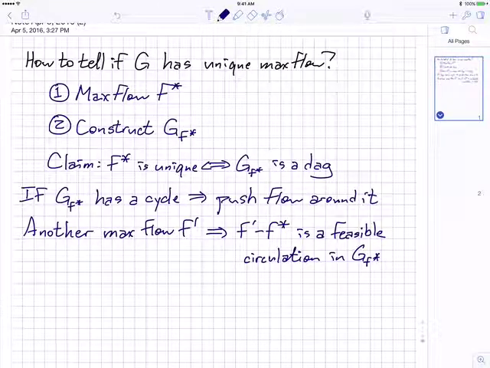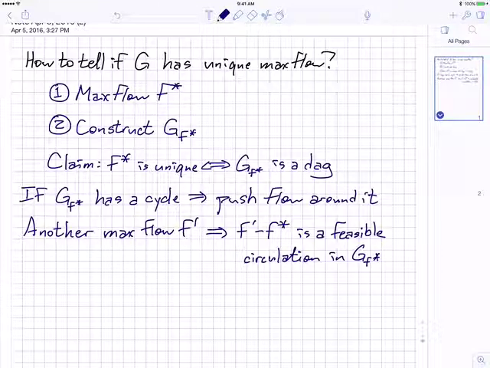So what I mean by F prime minus F star is along every edge, I define the flow value to be F prime of that edge minus F star of that edge. But if it's negative, that means I should send the opposite flow along the residual edge in the opposite direction.